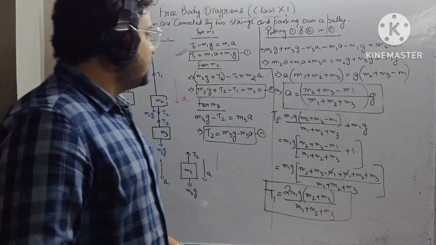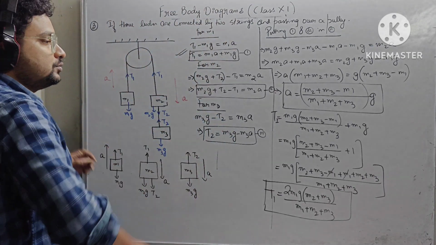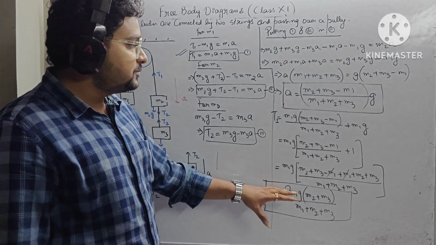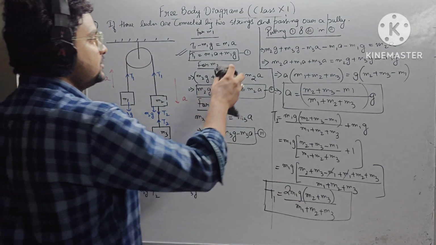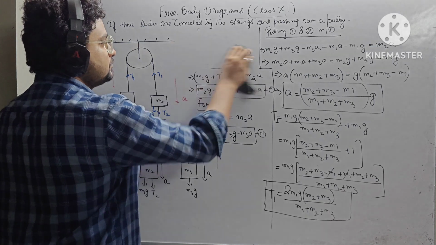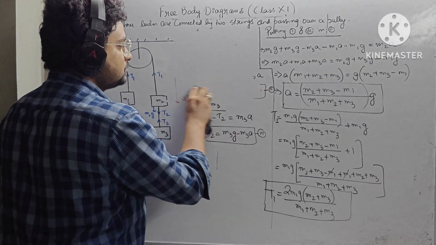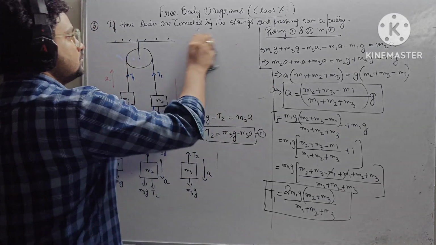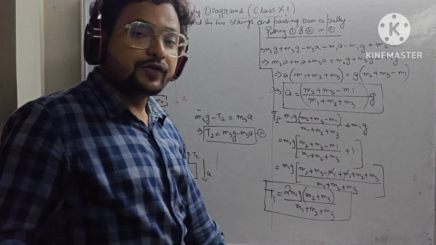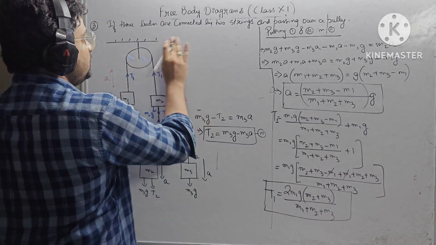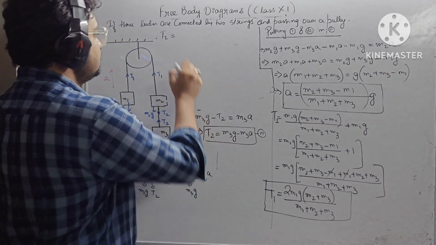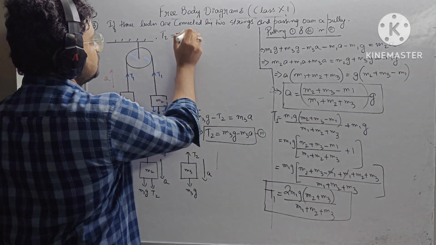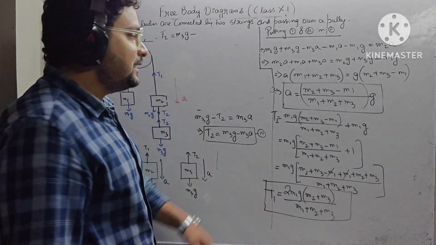If I want to find out T2, I hope you have understood up to this much. T2 also we can find out in this way. T2 will be equals to M3G minus M3A.